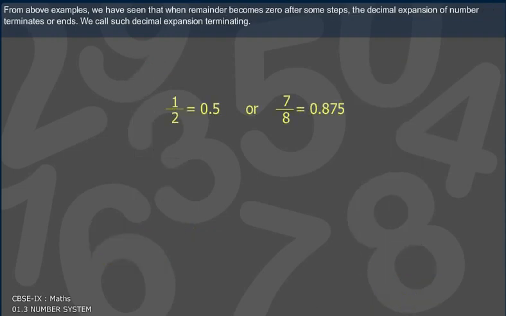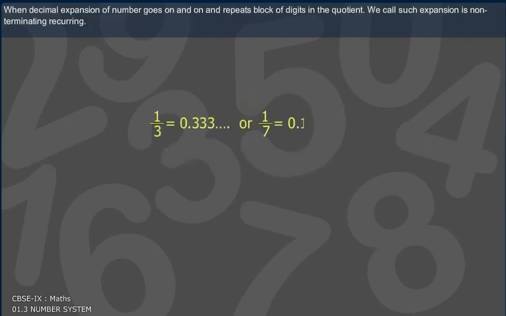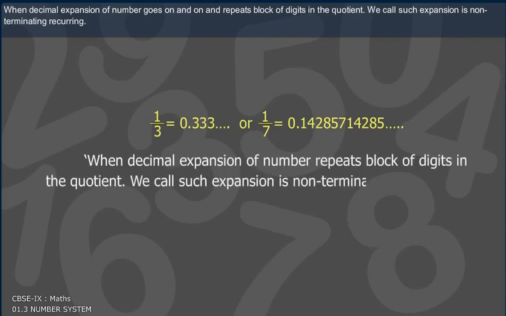From the above examples, we have seen that when the remainder becomes 0 after some steps, the decimal expansion of the number terminates or ends. We call such a decimal expansion terminating. When the decimal expansion of a number goes on and repeats a block of digits in the quotient, we call such an expansion non-terminating recurring.